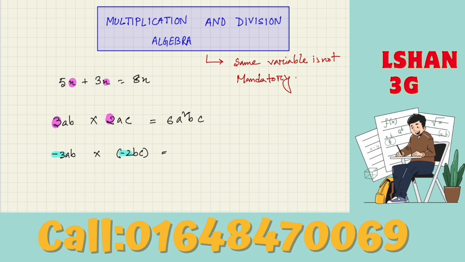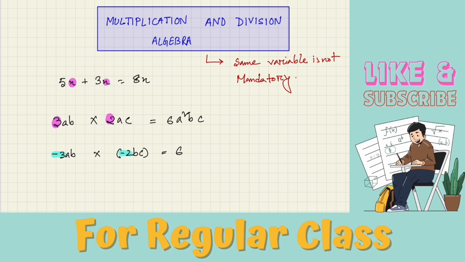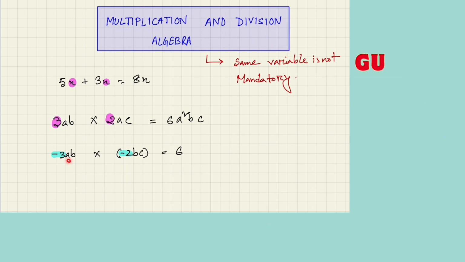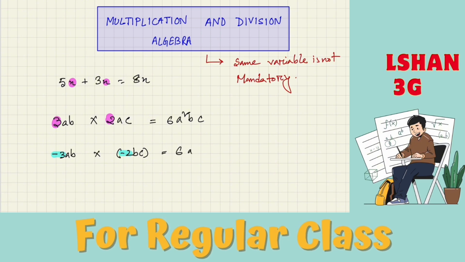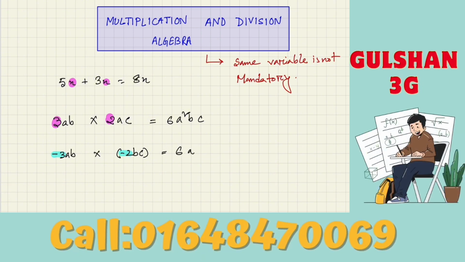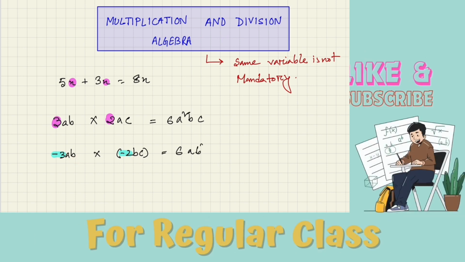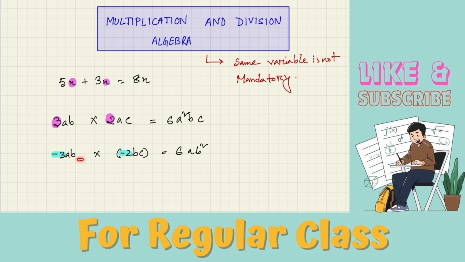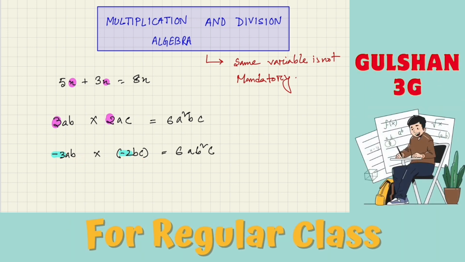Minus 3 multiplied with minus 2 will be 6. Then how many a? There is only one a, so a. And how many b? There is 2b, so b square. How many c? There is only one c, so c.